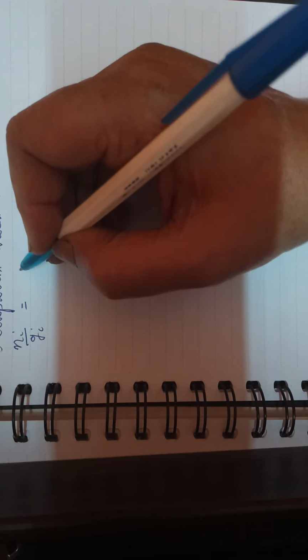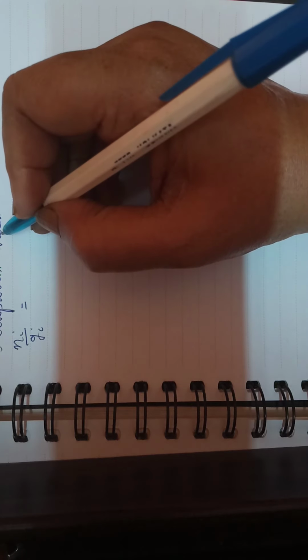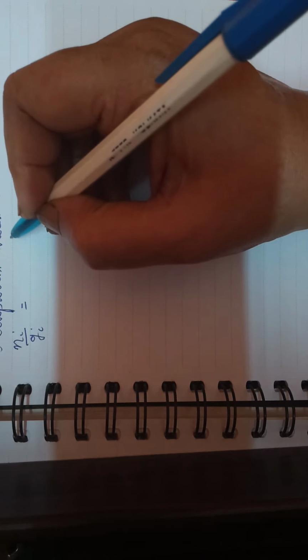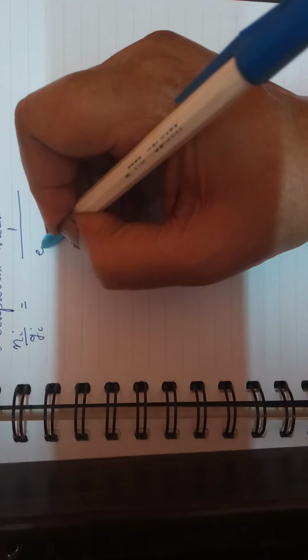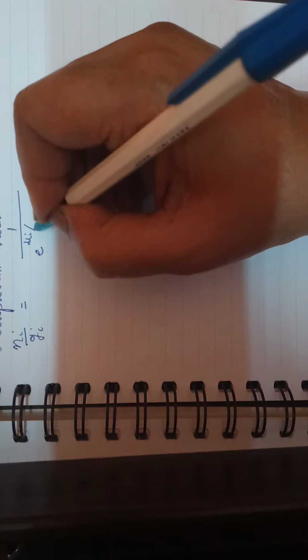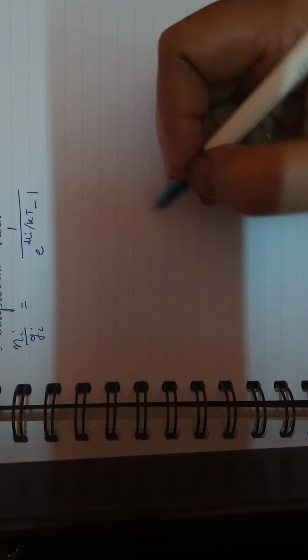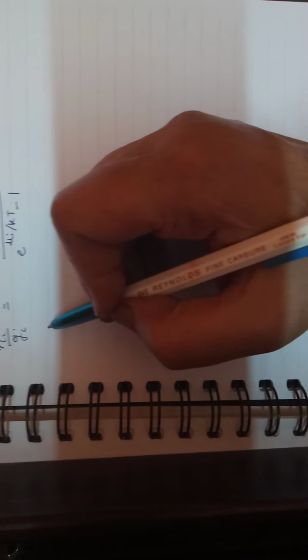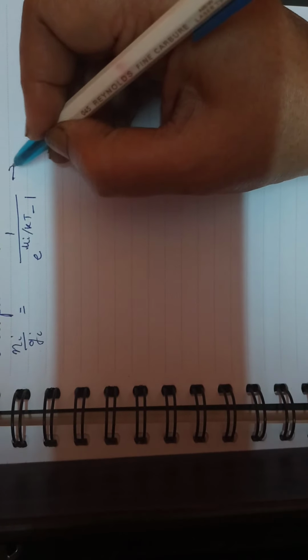If we consider the Bose-Einstein distribution, we have seen that Ni by Gi is equal to 1 by e to the power ui by kT minus 1. We call this the occupation index.